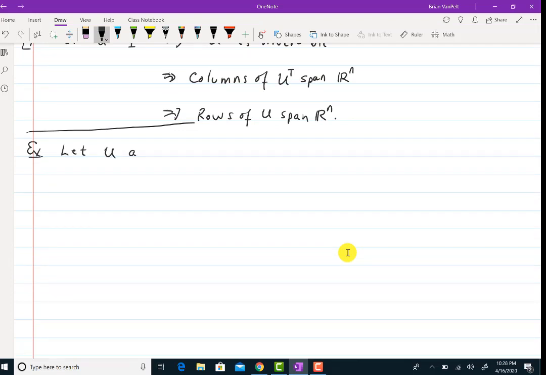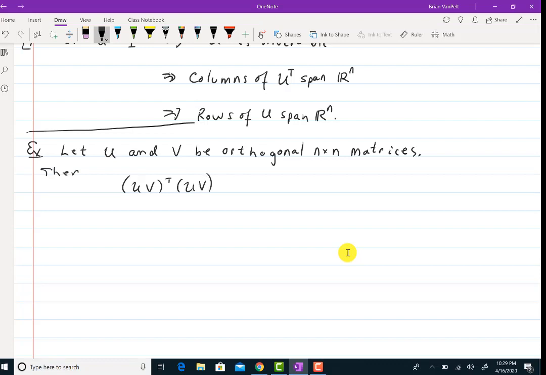Let U and V be orthogonal n by n matrices. Then, if I look at UV transpose times UV, we know it would be the identity if it were just U and V, but check this out.